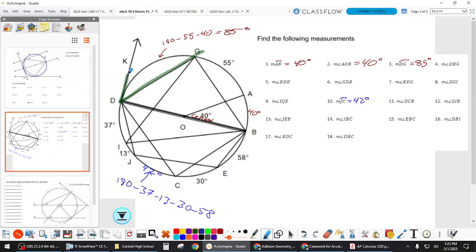That arc we just figured out of 85, those two intercept that arc. Let me write 85 right here. What kind of situation are those two green lines? Tangent and chord. So this is tangent chord.